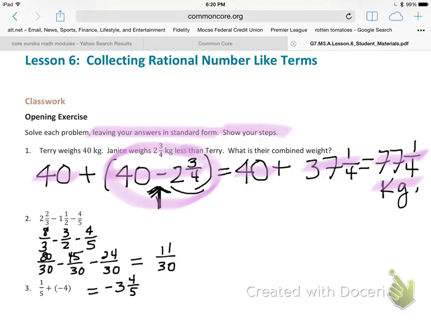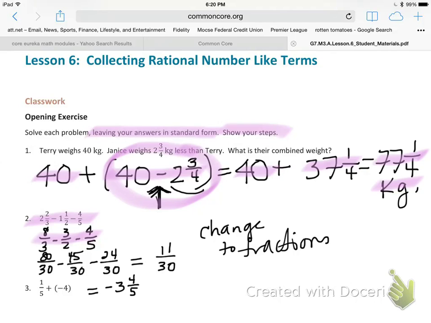Okay, and here we go. So number 2 is just a straight out problem with mixed numbers and a fraction there. First thing to do, step 1, just make them all into fractions, whether they be improper or proper. So change to fractions.